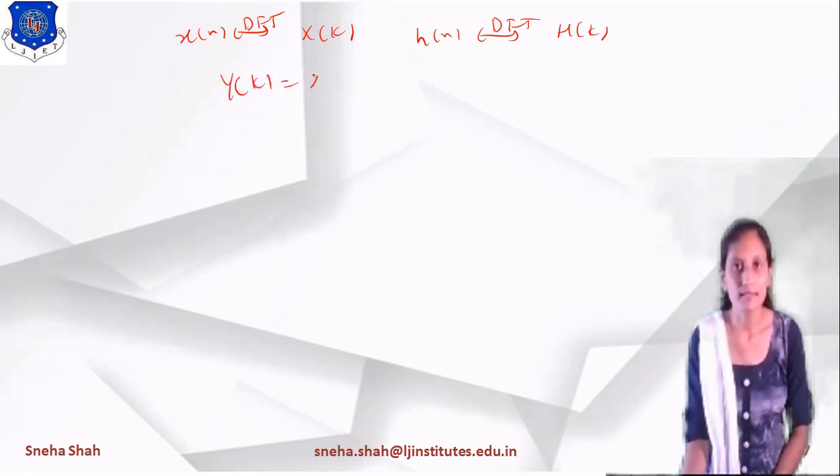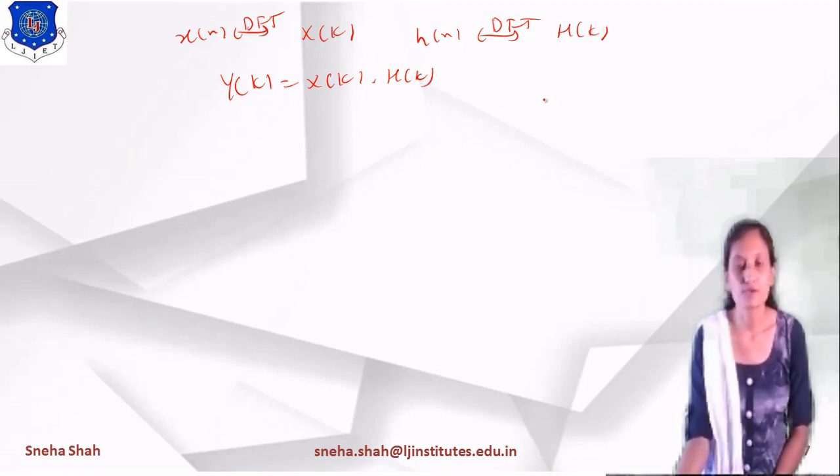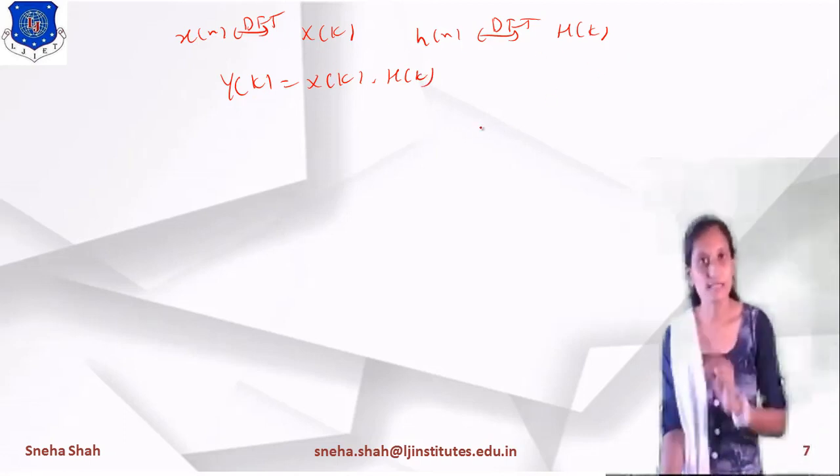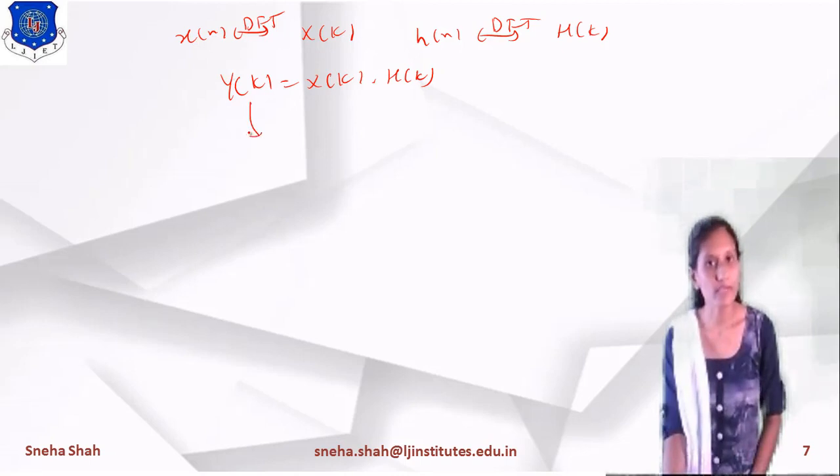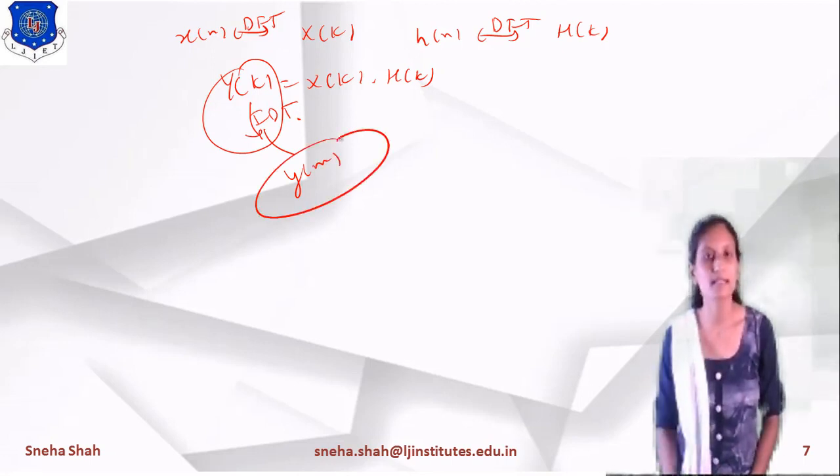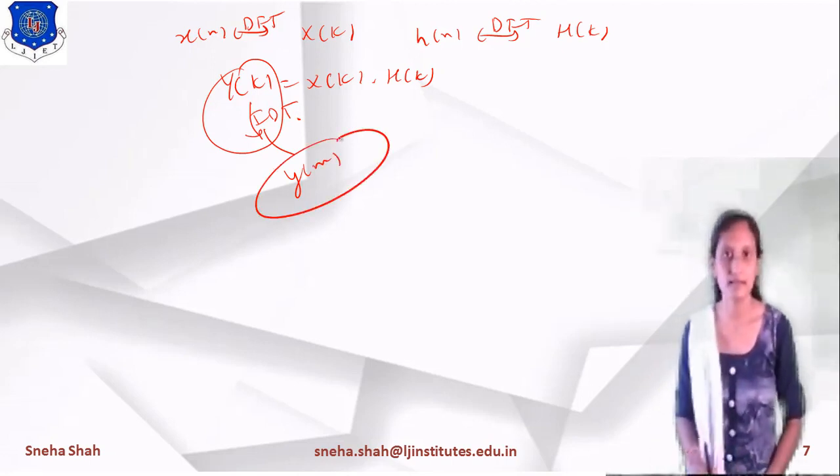Now if I multiply these two terms, x of k into h of k, then it will give you the circular convolution in the frequency domain, right? So I get y of k, and if I take the IDFT of this, then it will give you the answer y of n, which is the circular convolution of these, right?